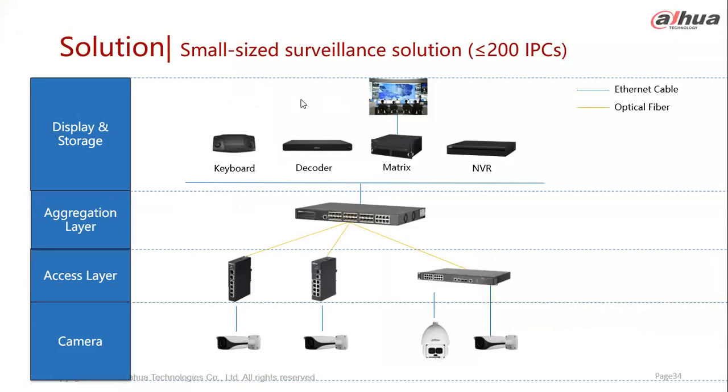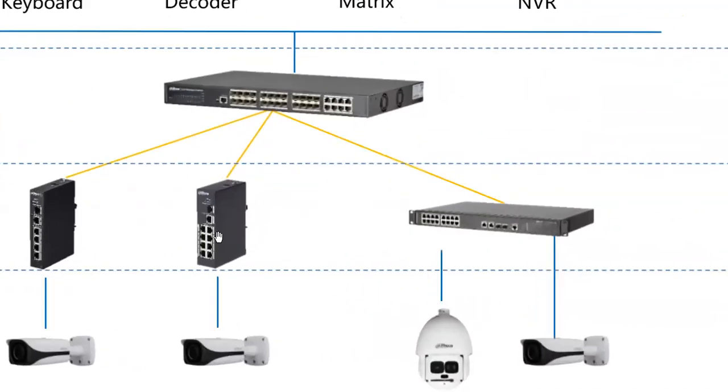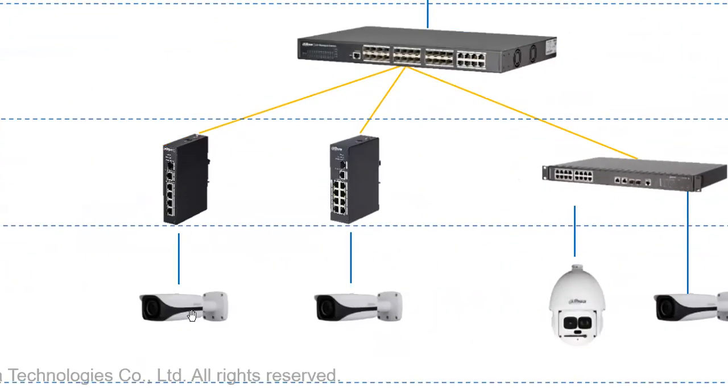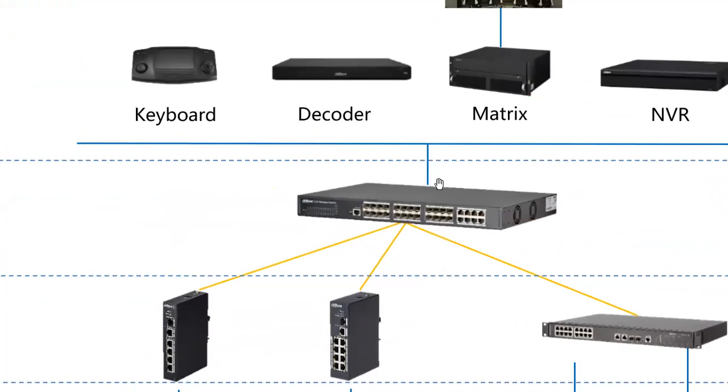Now, practical applications for the switches. In a small site surveillance system with 200 cameras, you can design your system with access switches that provide power to the cameras, then aggregation switches.